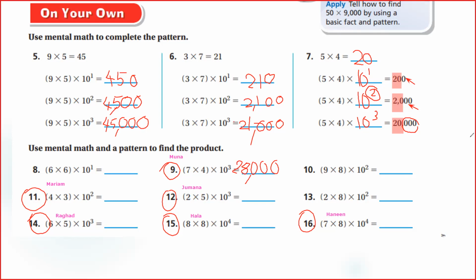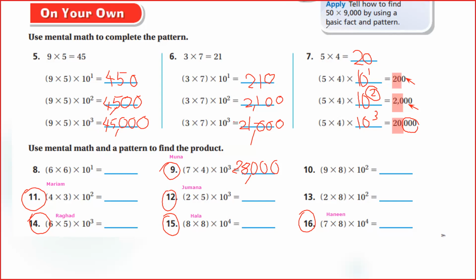Thank you, Muna. Now number 11 with Mariam. Where's Mariam? Yes, Mariam. Here now, 4 times 3 times 10 to the power of 2. Now here, 10 to the power of 2, what does it mean? How many zeros should I add? 3 or 2?